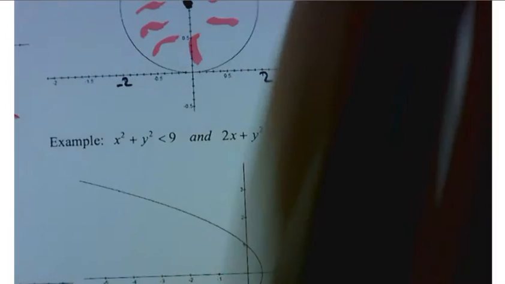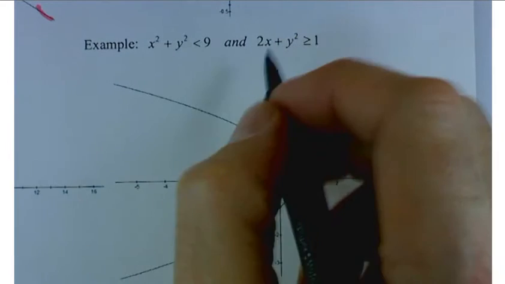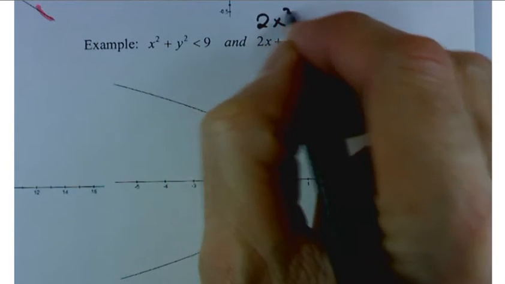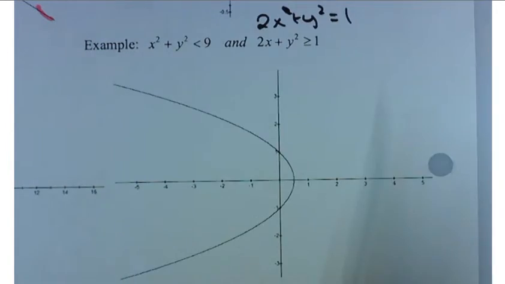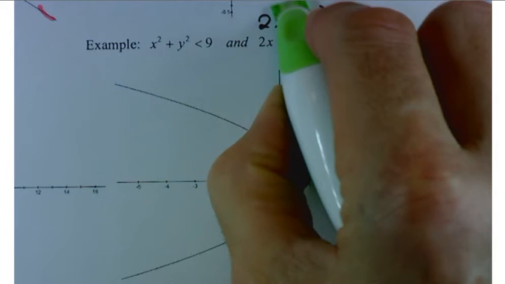Let's skip down to the example right below this. This is a little extra practice with circles. Here, the corresponding equation is going to be 2x plus y squared equals 1, and the graph of that's just going to be a parabola.